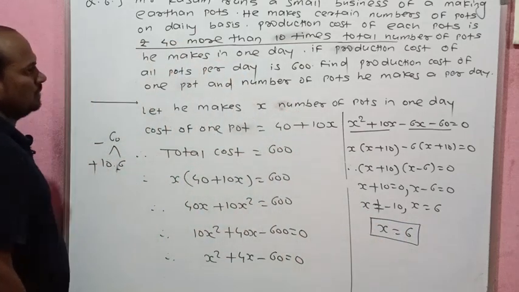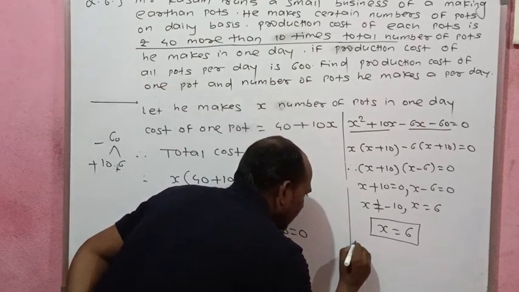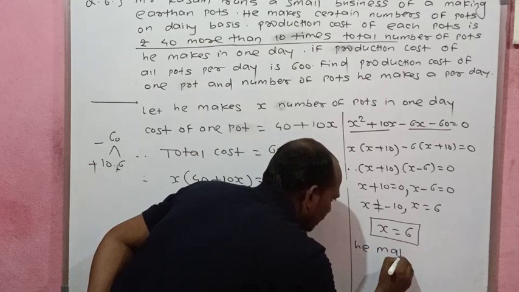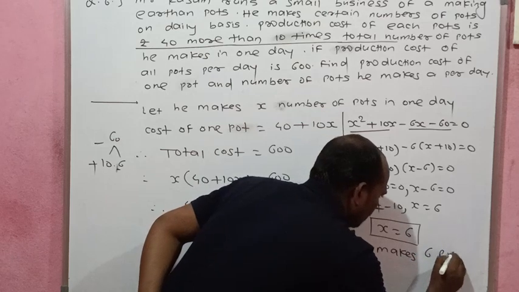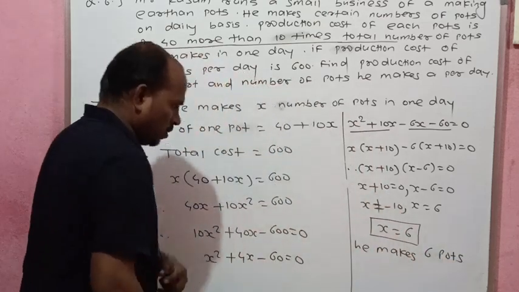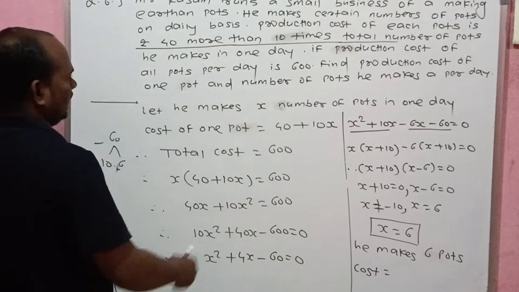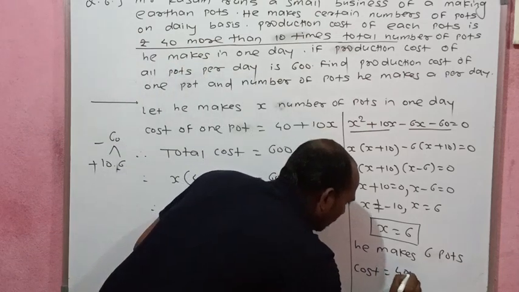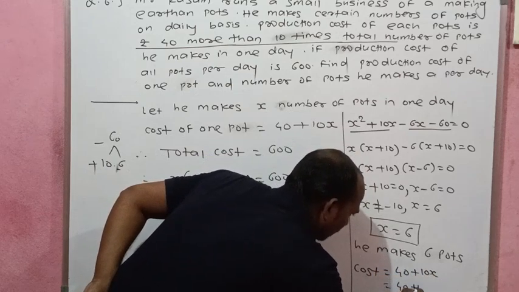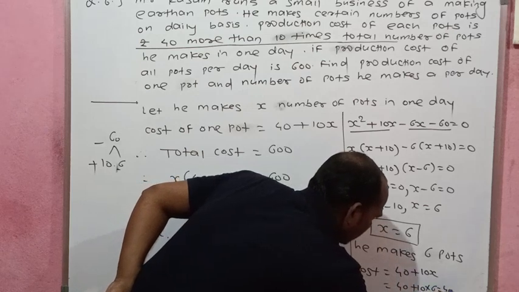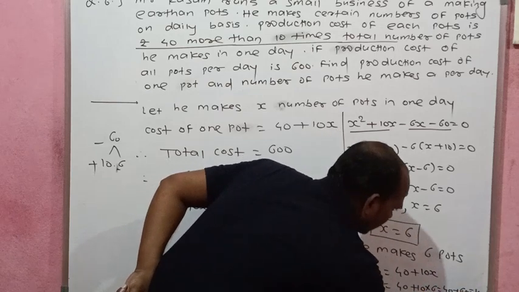Then the cost, he makes 6 pots, and cost is equal to 40 plus 10x. Now 40 plus 10 times the value 6, that is 40 plus 60 is equal to 100.